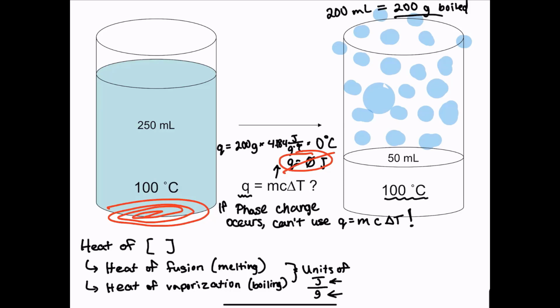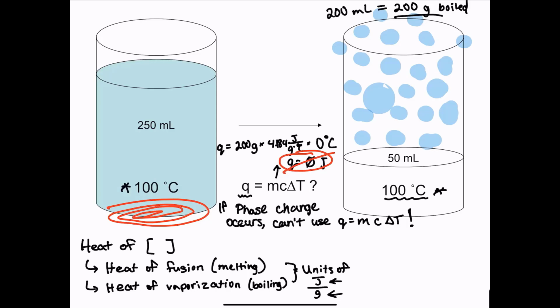You need the mass of stuff that you're either boiling or melting, and you need to have already reached the temperature at which the substance melts or boils. But other than that, there is no temperature change that occurs during the phase change, during the melting or during the boiling.